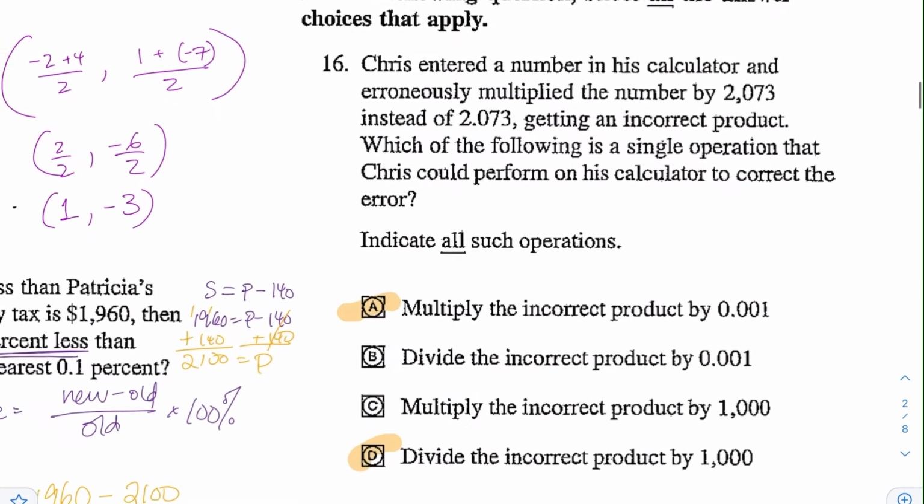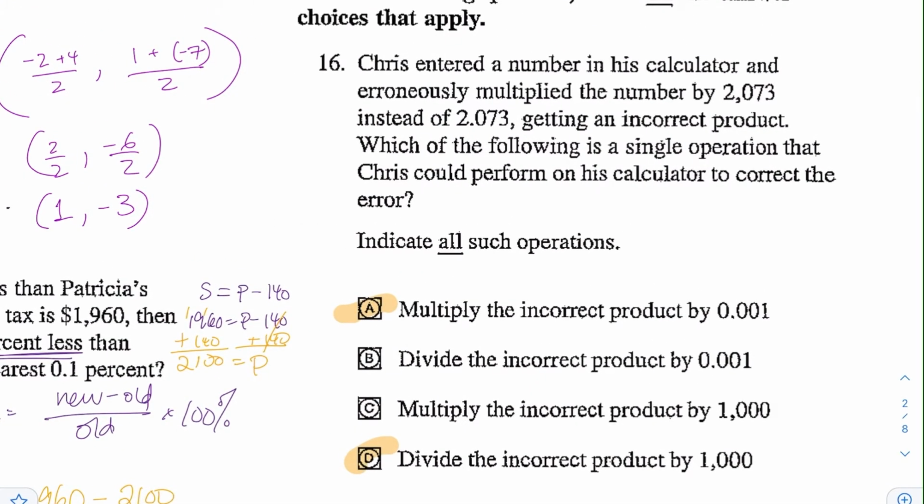All right, for the following question, select all the answer choices that apply. So Chris entered a number in his calculator and erroneously multiplied the number by 2073 instead of 2.073, getting an incorrect product. Which of the following is a single operation that Chris could perform on his calculator to correct the error? So here you accidentally multiplied.